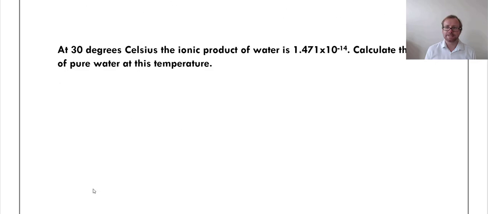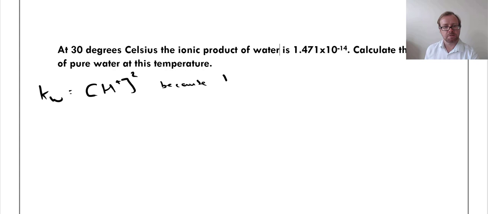And see how you get on. Okay, let's go through the answer. Right, so we know that Kw, you can simplify it, say that H plus squared, because the concentration of H plus is equal to OH minus.